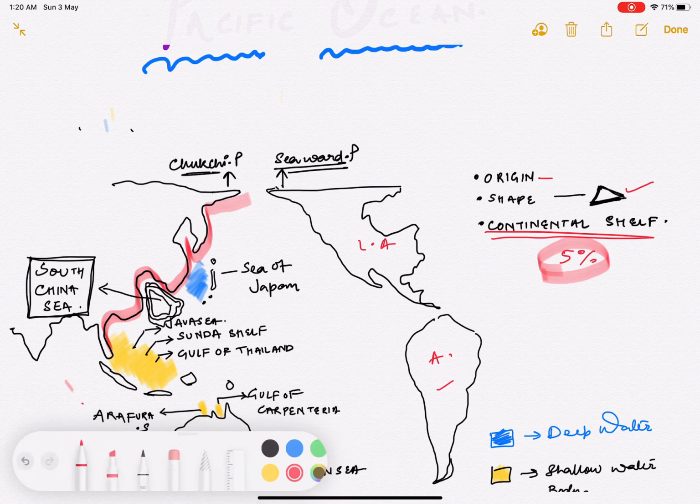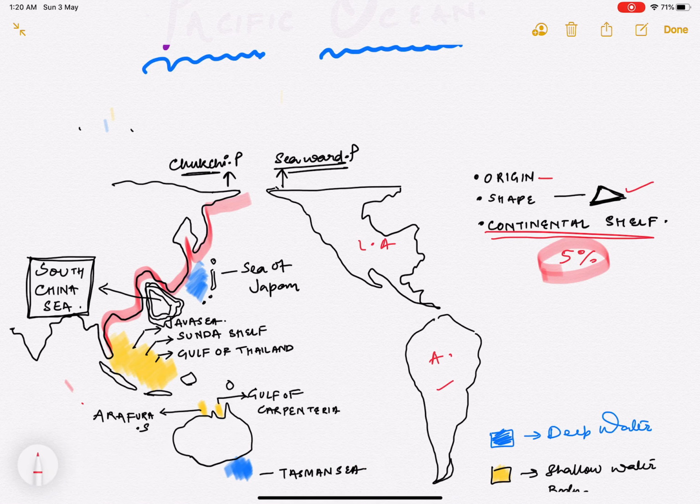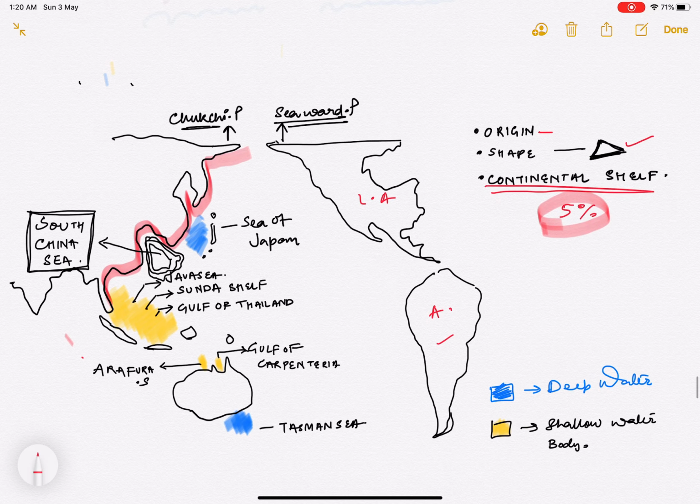What is this destructive boundary? It's nothing but this Pacific Ocean bottom top. This Pacific Ocean plate is submerging with the Eurasian plate. As a result, you have the extensive trenches in this region. Hence, active coastal boundaries.